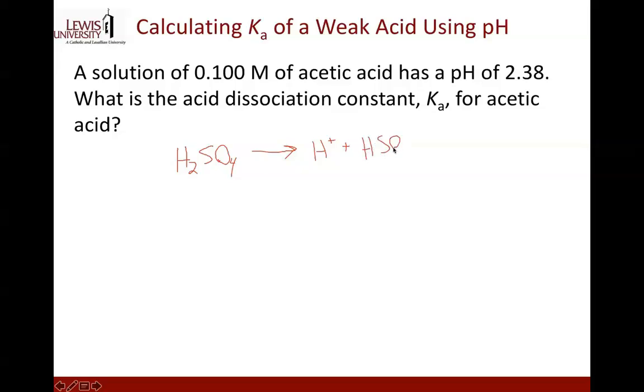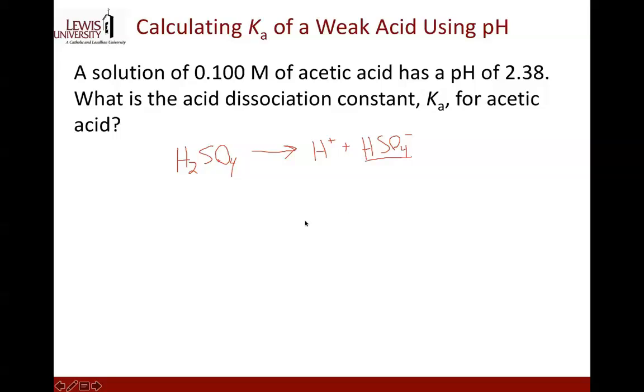Now, because sulfuric acid is a strong acid, that means that HSO4 minus is a very, very weak base. So it will not react with water to pick up a proton and go back the other way.